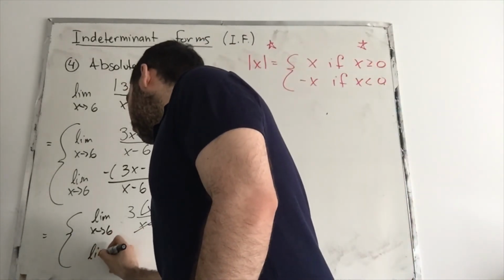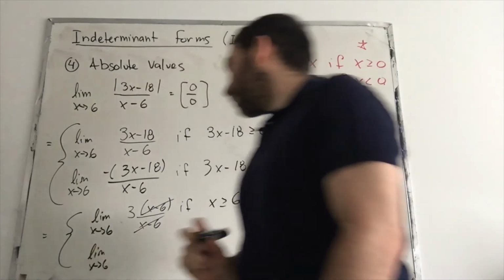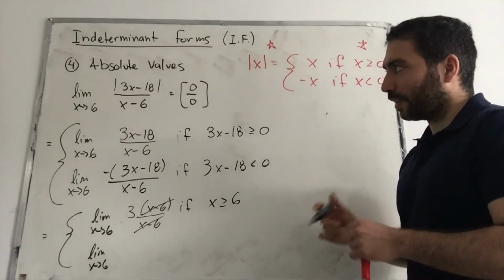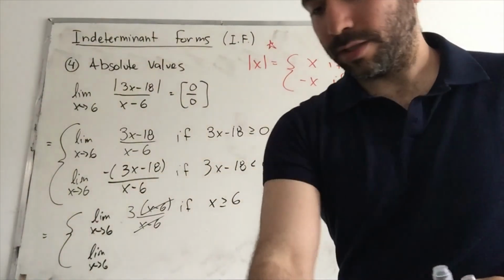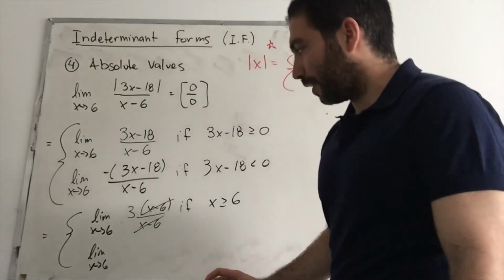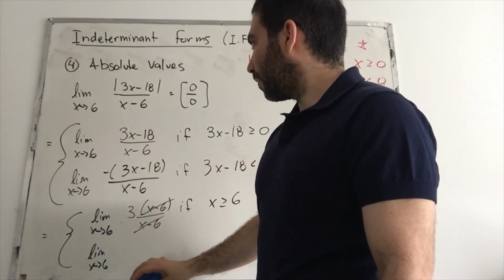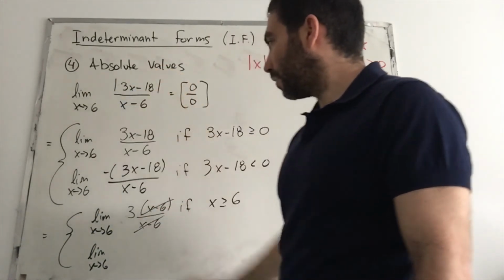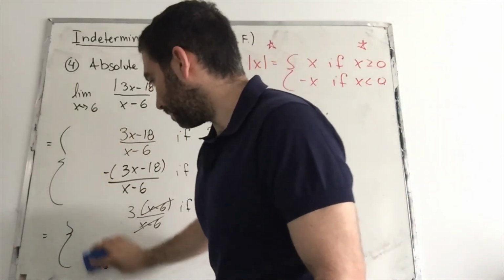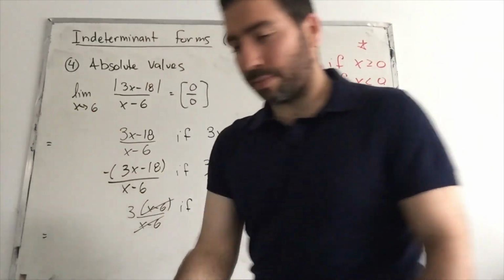And then we have the limit as x approaches 6. Actually, I'm not a fan of the notation, so I think I'm just gonna remove the limits and focus just on the function. So let me rewrite that.